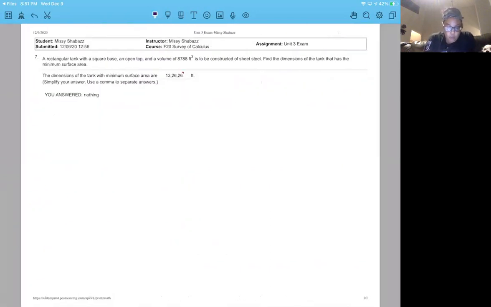Next question: a rectangular tank with a square base and an open top and a volume of 8,788 cubic feet is to be constructed of a sheet of metal. Find the dimensions of the tank that has the minimum surface area. All right, so I have a tank with a square base.